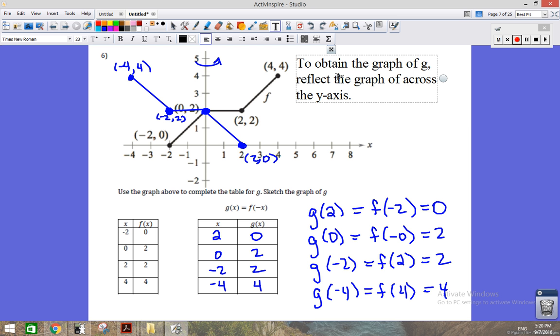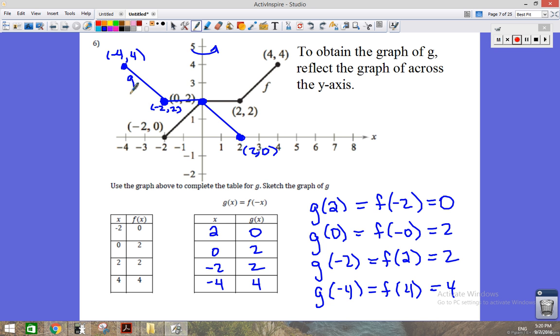So even though it was the x-coordinate that changed sign, when you think about the x controls left and right from the origin when you're plotting points, instead of plotting a point that was to the left, you're now plotting a point that's to the right. You have reflected the graph across the y-axis. So what we've graphed in blue is this new graph g. The original graph, the parent function, was the graph of f.